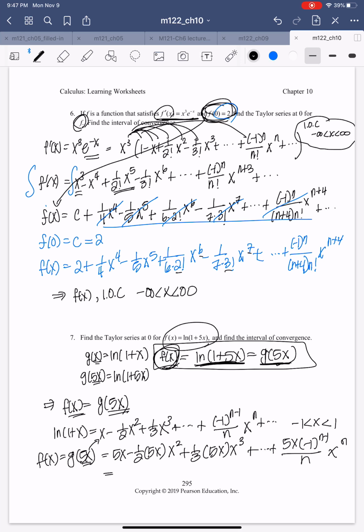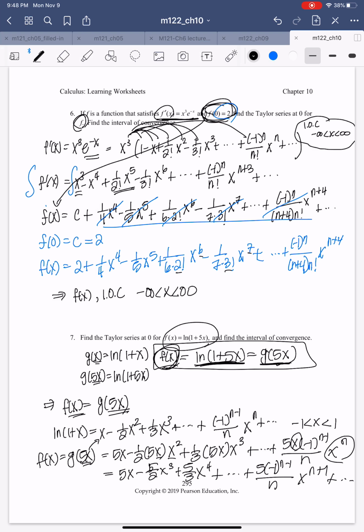So rewriting, doing a little bit of algebra, I have 5x minus 5 over 2 x squared, plus 5 over 3 x cubed, and so on, up to the general term with negative 1 raised to the n minus 1 over n, times 5 to the n, x to the n, dot, dot, dot.